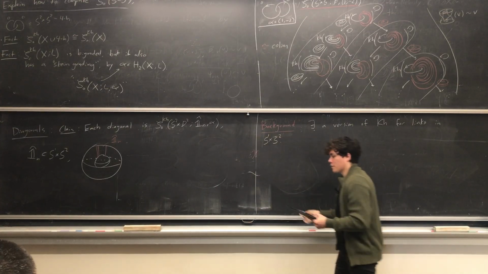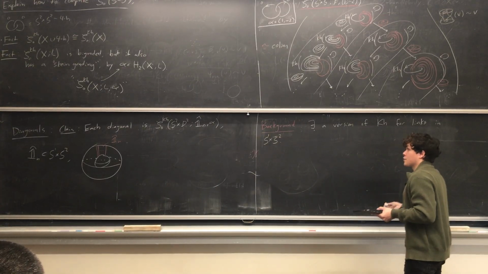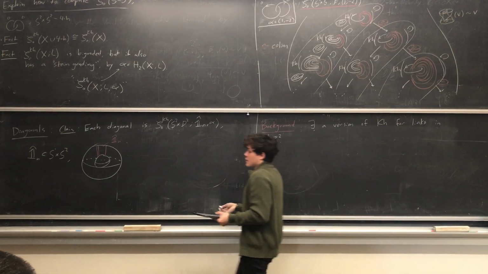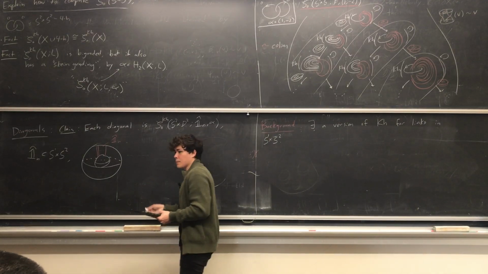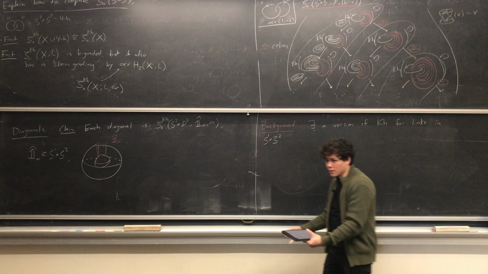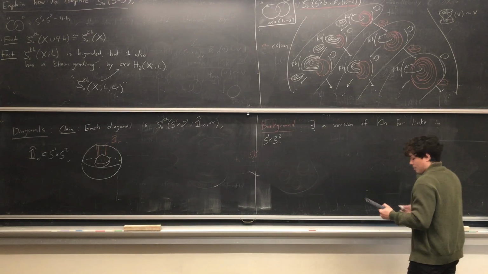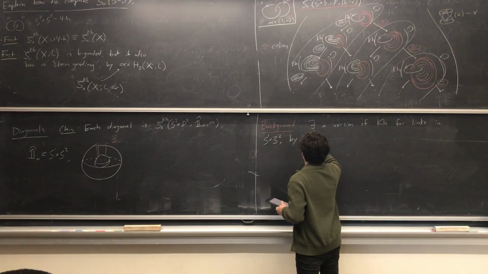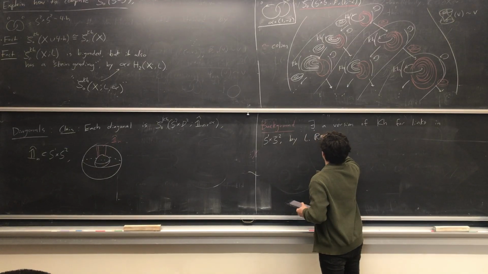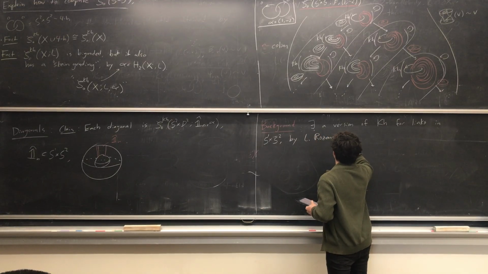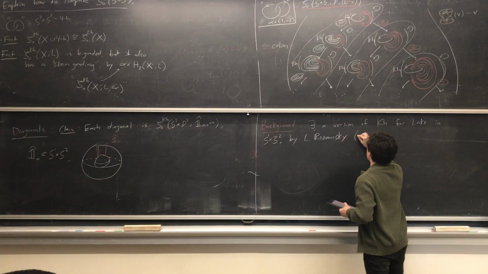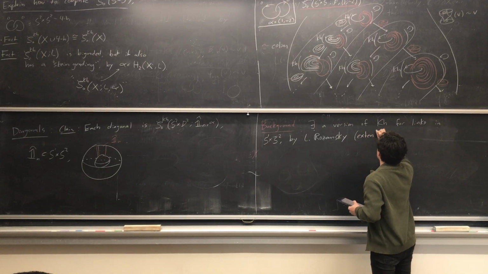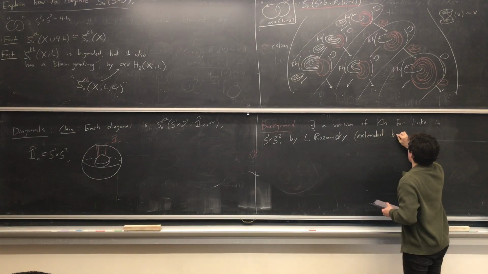Normally Khovanov homology is a theory for links in S^3. You need it to be for links in S^3 to build a lasagna module, because that's what the boundary of your input 4-balls is. This is by Lev Rozansky, and extended by Mike Willis.